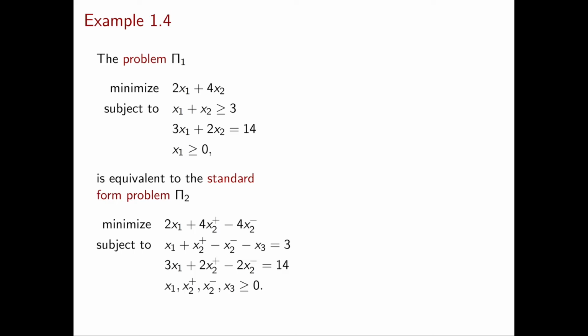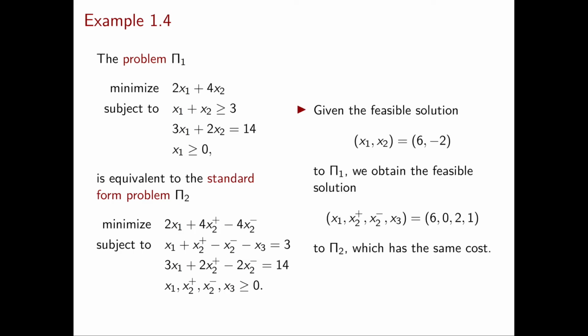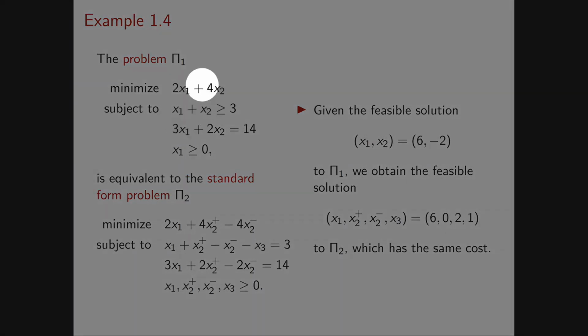What I want to do now is convince ourselves that these two problems indeed are equivalent. Before getting to the proof, let's just look at a couple of examples. In the first condition of the lemma, we're looking at any feasible solution to pi1, and we want to obtain one of pi2 with cost equal or lower.